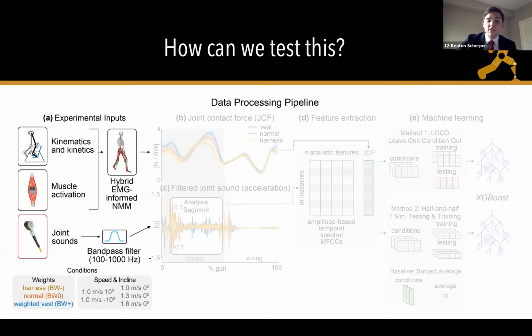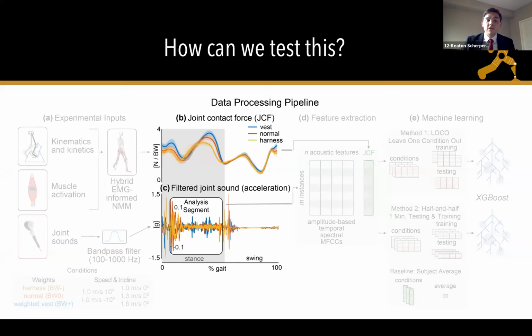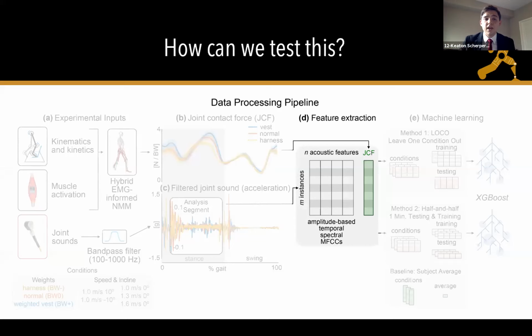Now, the joint sounds were also processed, and then features, which are specific properties of the sound signal, were extracted from the stance phase of each gait cycle. Finally, given these features and the corresponding average joint contact force for each gait cycle, a subject-specific machine learning model was applied to learn the connection between the features and the joint load.